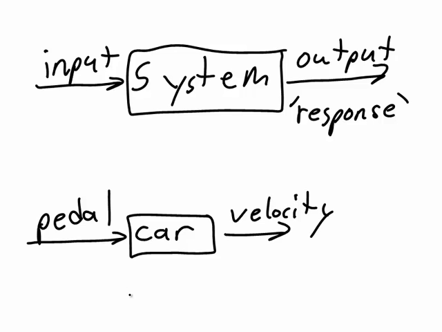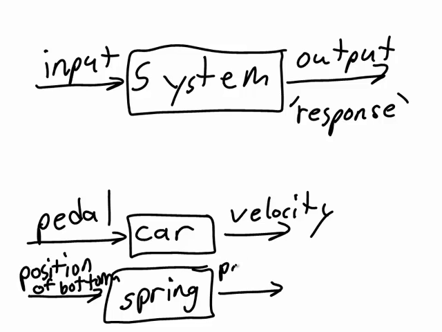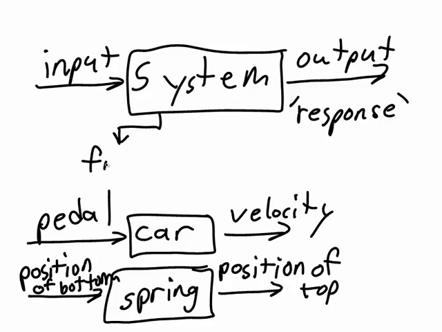Or a system like a spring might receive as an input position of the bottom and output a signal that is the position of the top. We learned that many or most systems can be categorized into just two different kinds of systems: first order and second order.